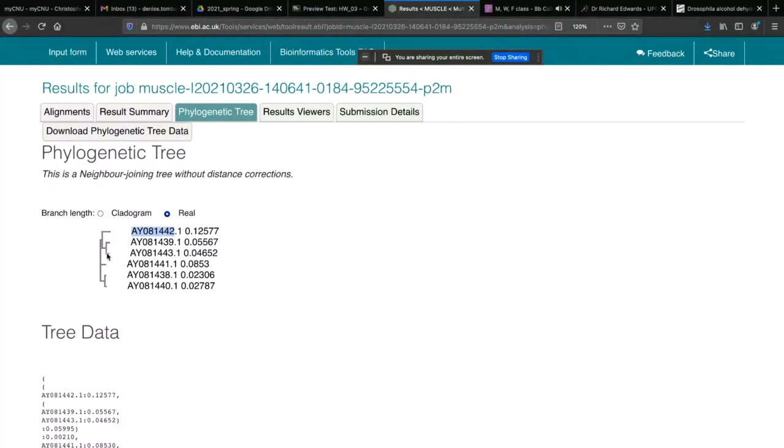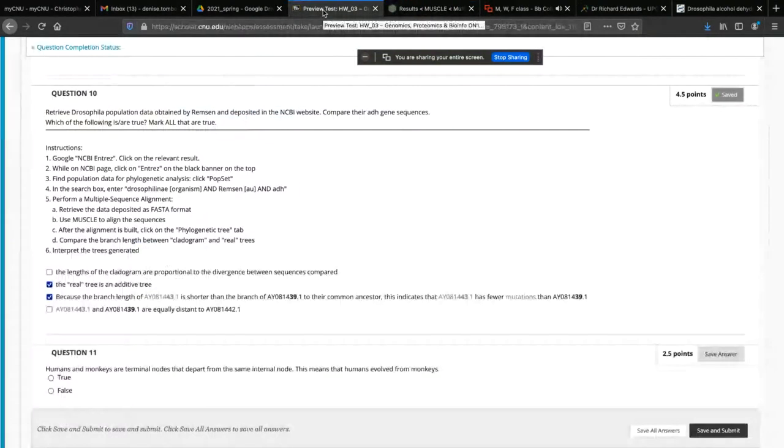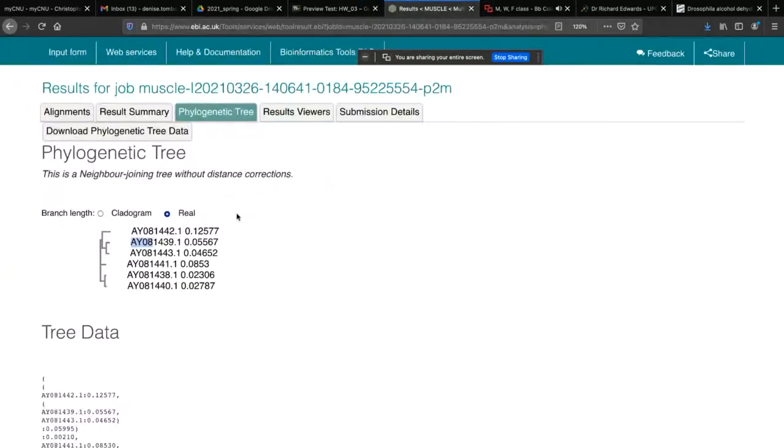But because they don't, then this guy is actually closer to this, because the distance would be that plus that, then this and this, because that and that are a larger distance. So when I say they're equally distant, that is not true in this case. That would be true, that this is equally distant to this and this, if these two branches had the same length.